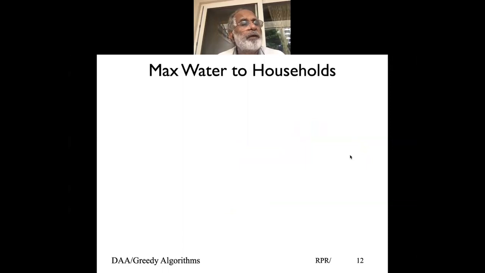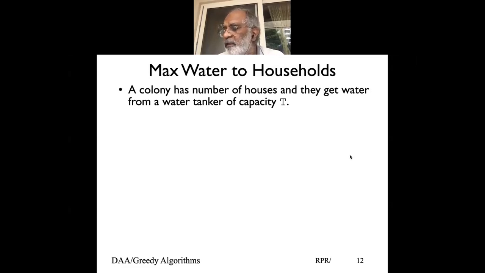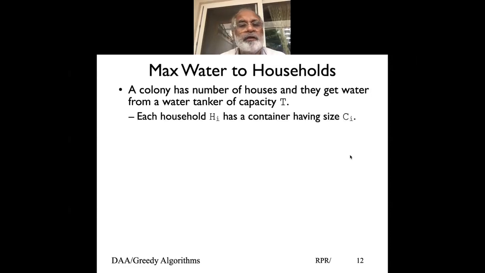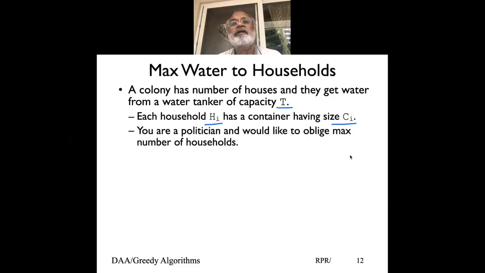Let's look at another example of the greedy approach. I'm giving simple examples so that you understand how the greedy approach works. Let's consider a colony that has a number of houses, and they get water from a water tanker whose capacity is T. Each household has a container of size Ci, and the objective is that we need to supply water. I'm a politician, I want to supply water to the maximum number of houses because I get votes.